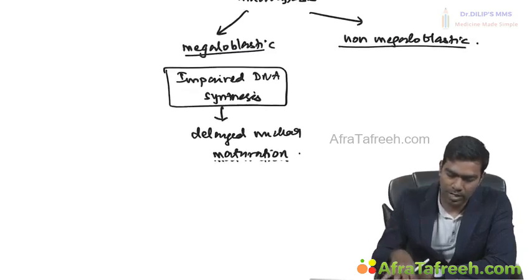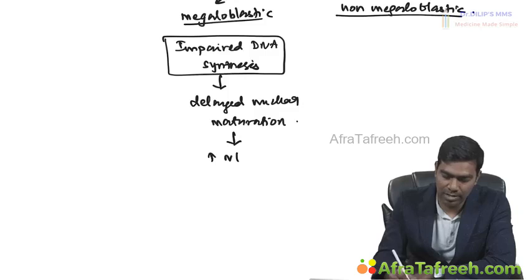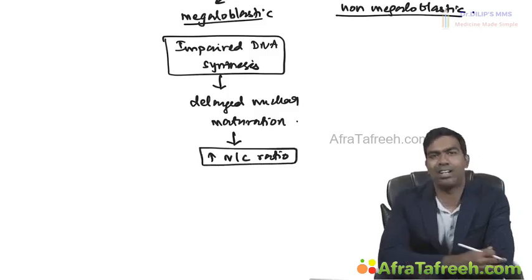Because of the delayed nuclear maturation, you will have a very high NC ratio in these patients, which means the nucleus will remain persistently bigger. I told you that in many lineages, especially the erythrocyte lineage, the nucleus becomes progressively smaller in size, and the same in the WBC lineage. In erythroid it is completely expelled, but in myeloid it becomes smaller and smaller over time.